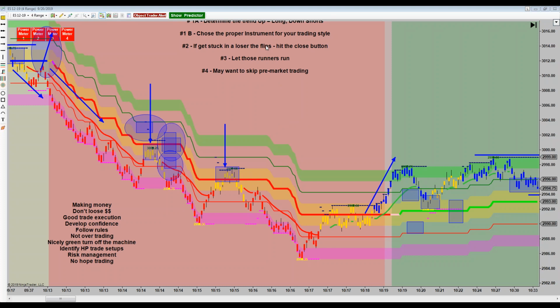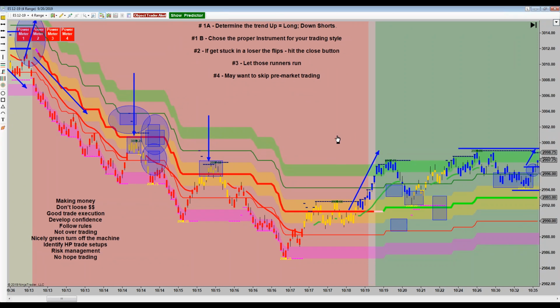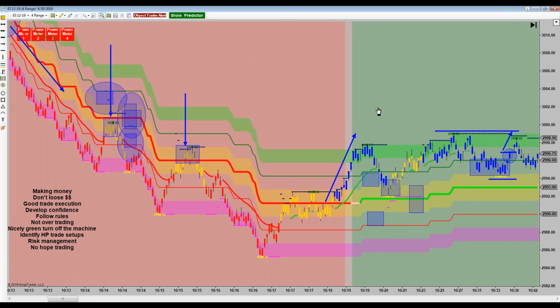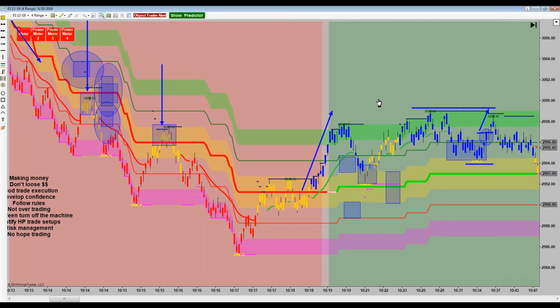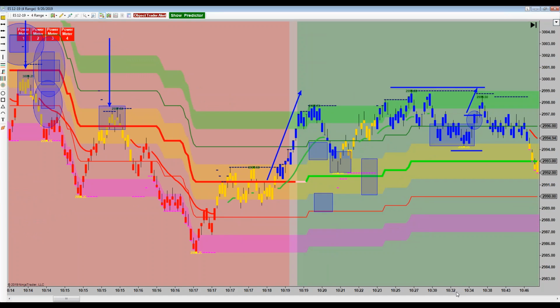Let's do this together. I'm going to advance the chart, reconstructing real time at 10:30, and we're looking for long trades. Midband long trades. Okay, here now we're at 10:49.